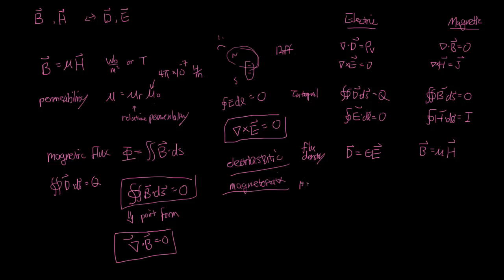In the case of potential, since the electric field is conservative, we have the concept of potential, which we relate to the electric field through the gradient function, and we also have the Laplacian or Poisson's equation, where the Laplacian of V is going to be equal to minus rho v over epsilon.